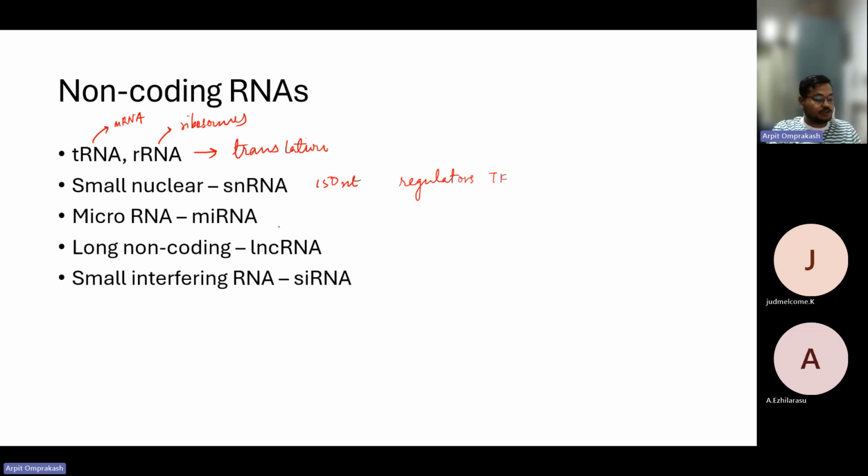Then we have microRNAs, or miRNAs, which are 20 to 24 nucleotides long. They are single-stranded RNA molecules which form a hairpin structure, which we'll look into further.